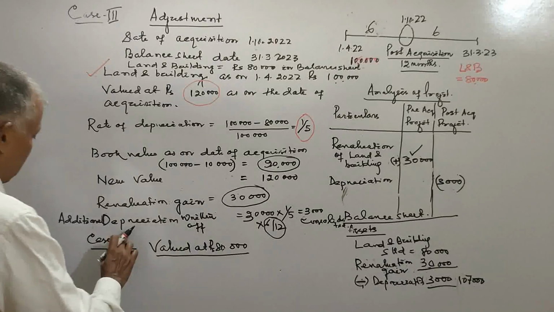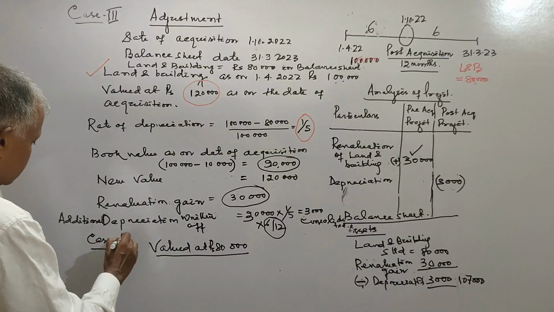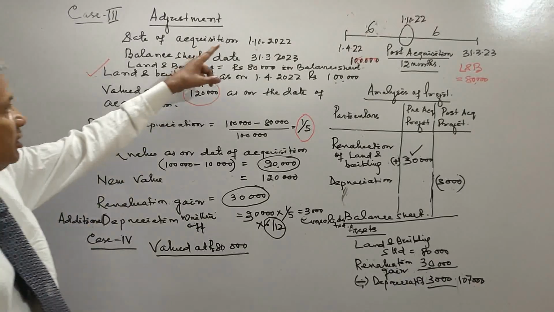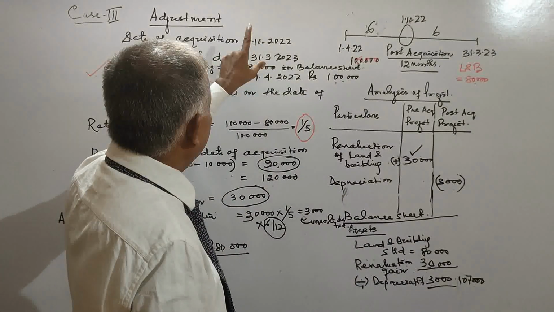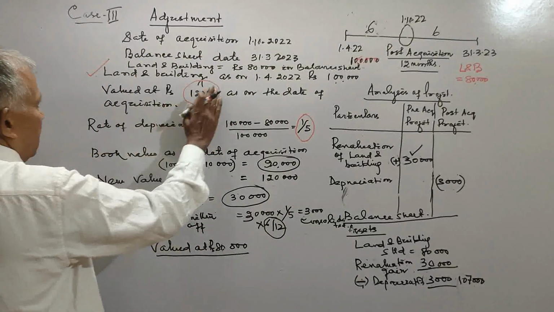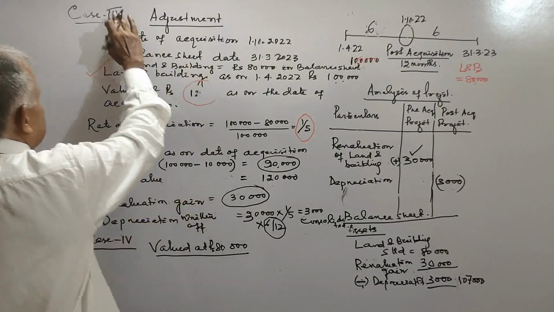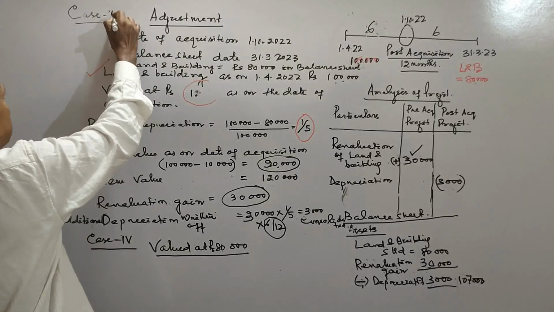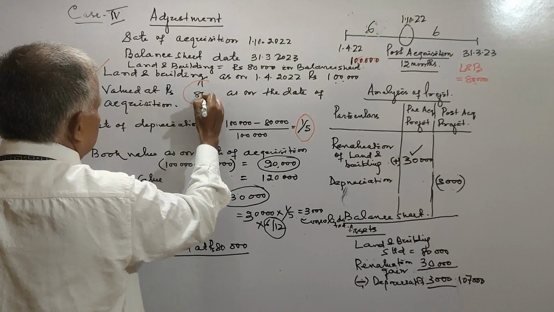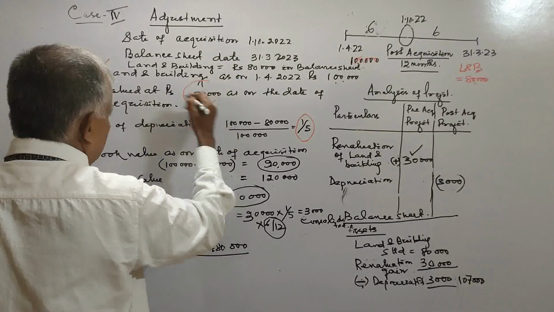Now we will calculate case 4. In case 4, we will not change the date of acquisition. We will change the value to 80,000 here. This is your case 4. We will change the value to 80,000 here.